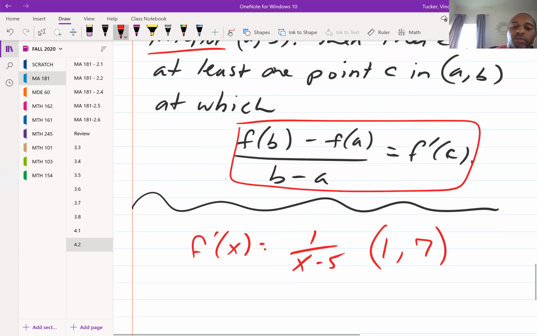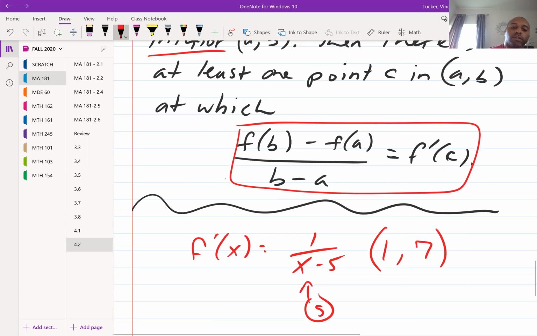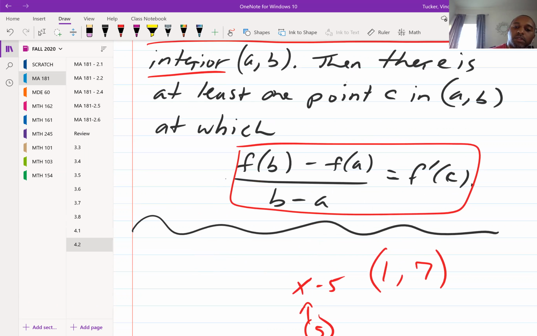Well, it's not differentiable at 5. If I were to plug 5 into f prime, it's undefined because I get 0 in my denominator. Okay, yeah, that makes sense. All right, cool.